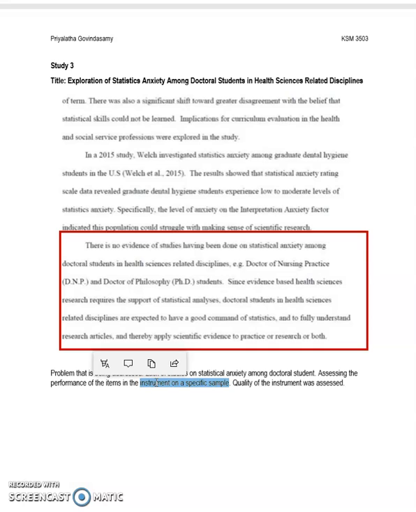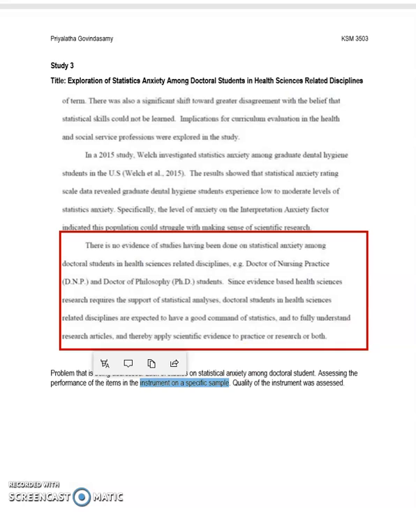So, at the end of the day, once it is studied under different conditions, eventually you want to look at the quality of the instrument. So the big picture or the real problem that I would like to assess is the quality of the instrument.